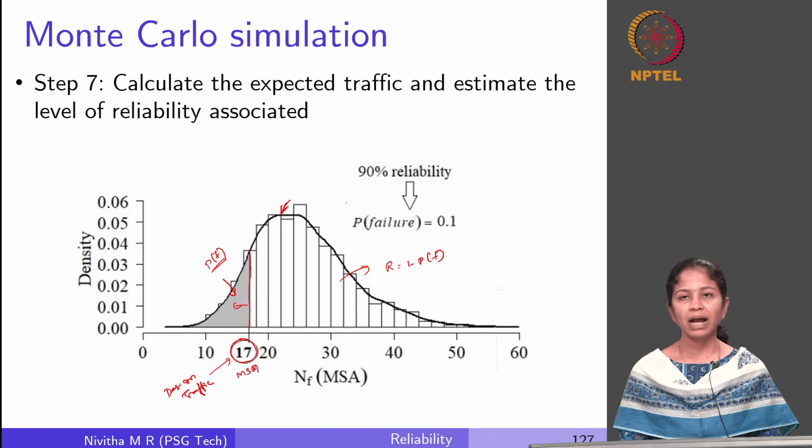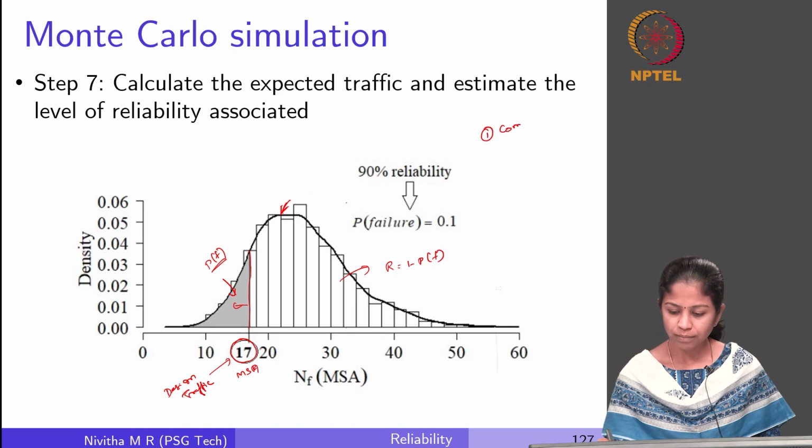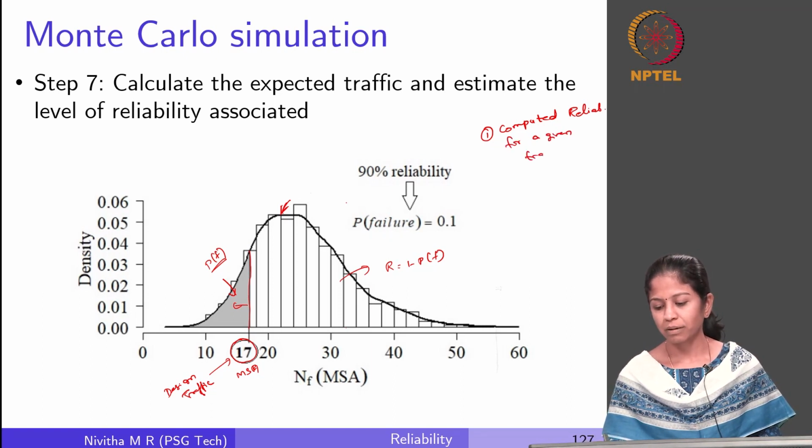So I will have a higher reliability level. On the other hand, so we have now computed reliability for a given traffic condition.